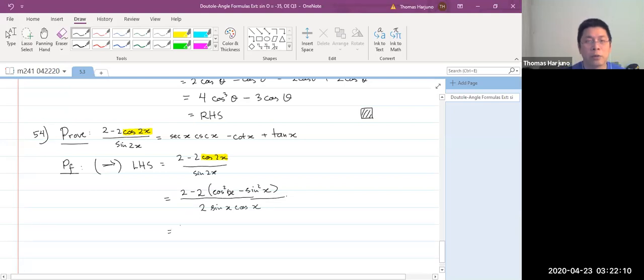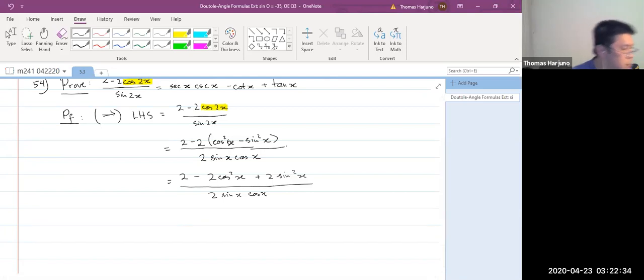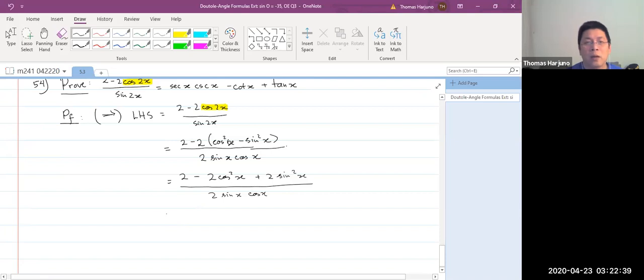I will distribute the 2 on the top. 2 minus 2 cosine squared x plus 2 sine squared x over 2 sine x cosine x, and then I will separate them.